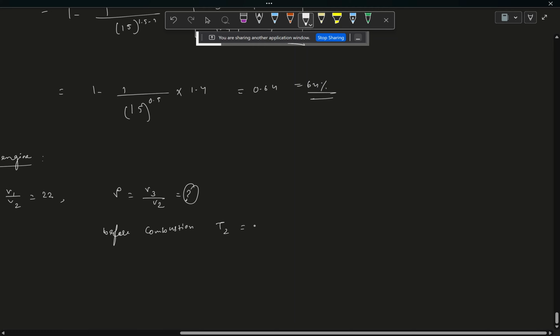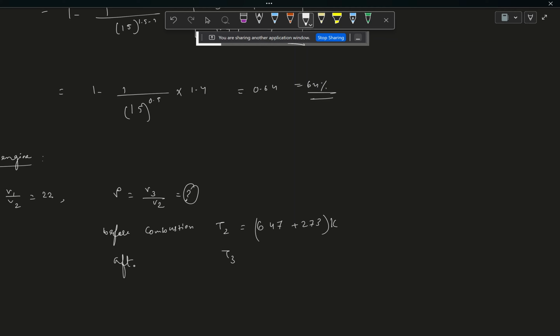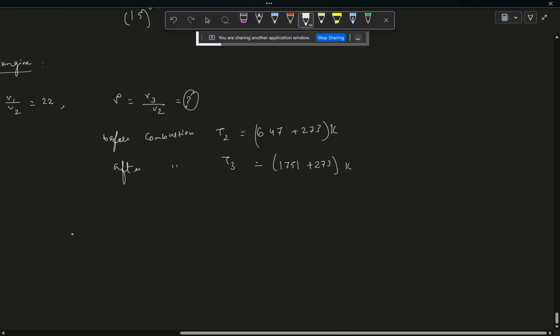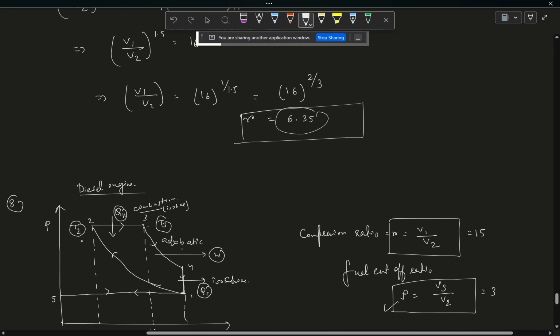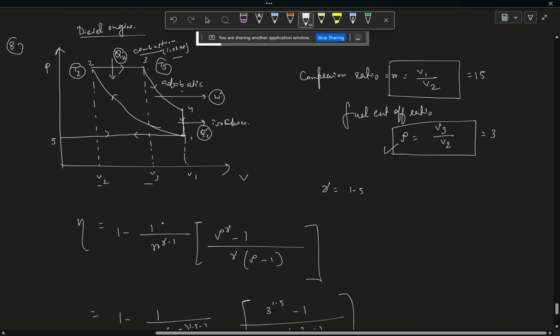So your T2 value, before combustion, is 647 plus 273 in Kelvin, and T3, after combustion at point 3, is 1751 plus 273 Kelvin. Now just see that 2 to 3 is an isobaric process, that means the pressure is constant.